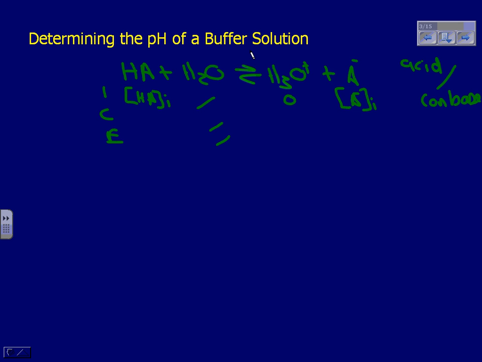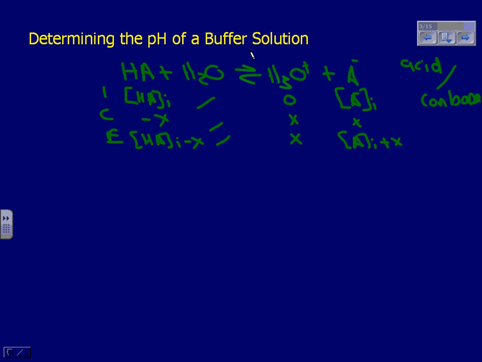Now we're going to analyze it exactly the same way. I'm going to have minus X, X, X. I'm going to have HA initial minus X, X, A initial plus X. And I'm hoping that you could go through and solve this at this point. Be aware I might make you derive this as well on the test.